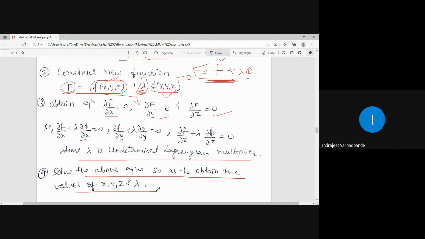Sometimes lambda will be obtained first, and then with the help of it, you have to calculate x, y, z. Sometimes x, y, z will be obtained first. After that, you calculate lambda, right? Yes, sir. So accordingly, we will be looking at the given conditions.